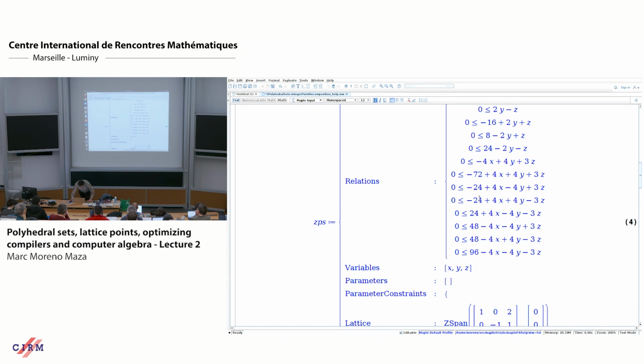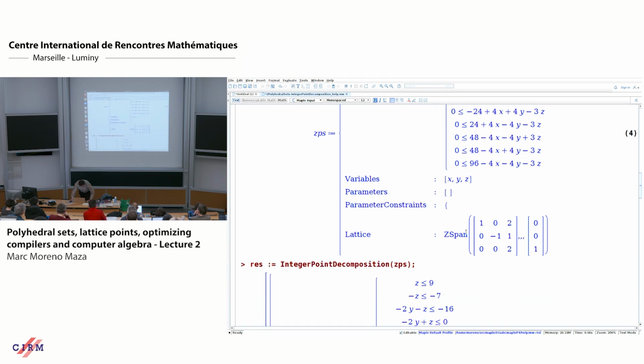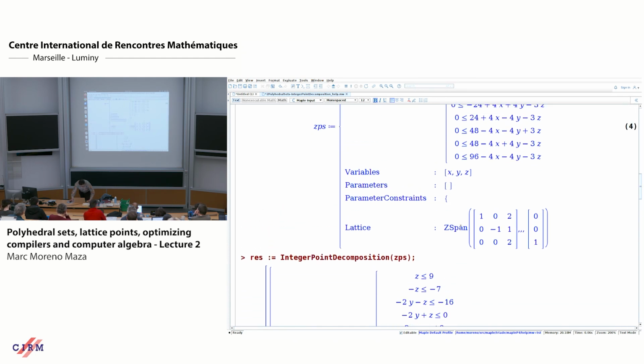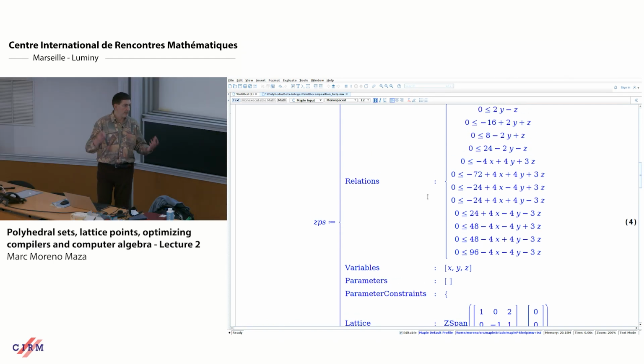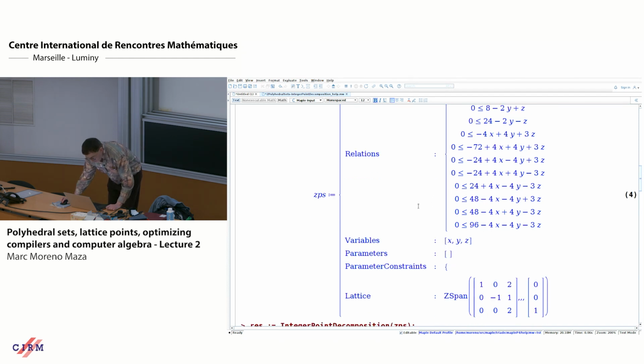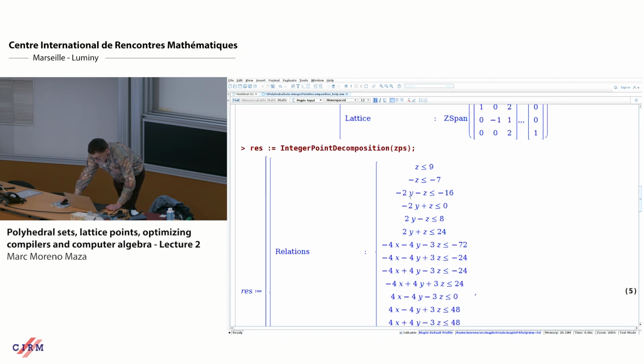So we see the defining inequalities, the variables. You can have parameters as well, and the lattice. When you create the object, you don't know if it's empty or not, so you can create a Z-polyhedral set with anything. And the way you normalize it is by calling the integer point decomposition method.